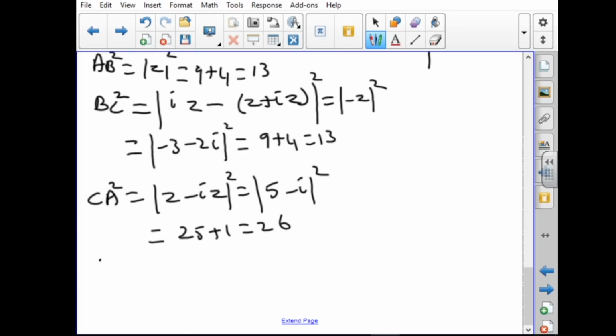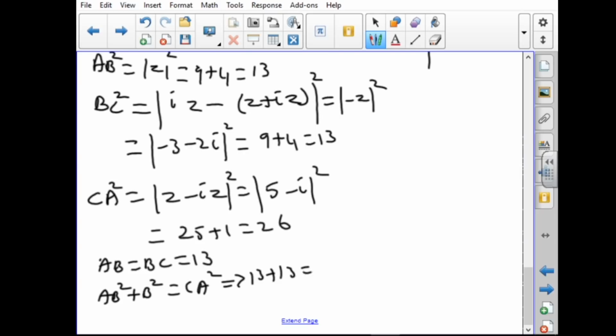Now see here, AB square is equal to BC square, which is 13. Therefore, the triangle is isosceles, and we get AB square plus BC square is equal to CA square. That is 13 plus 13 is equal to 26.